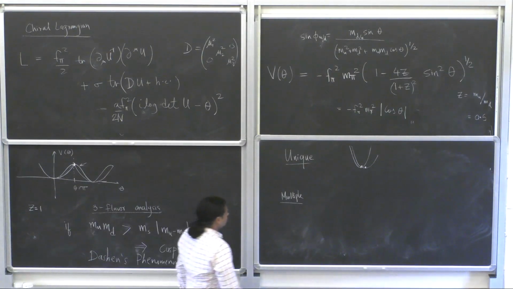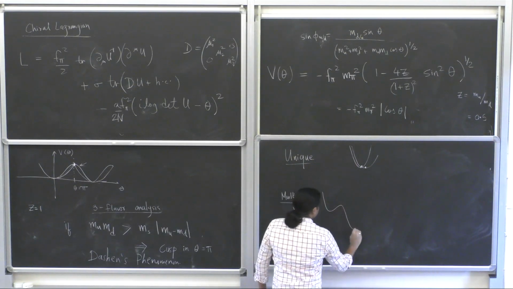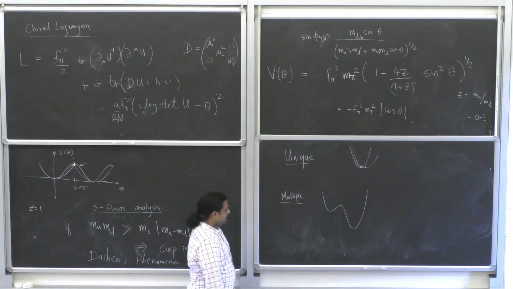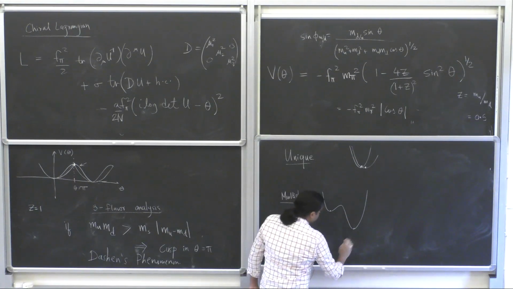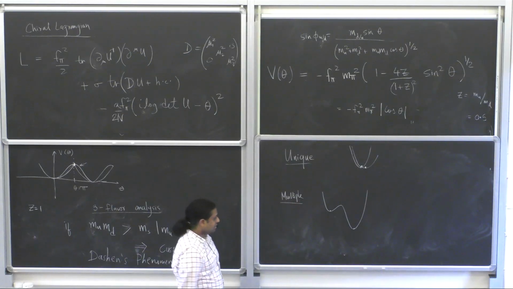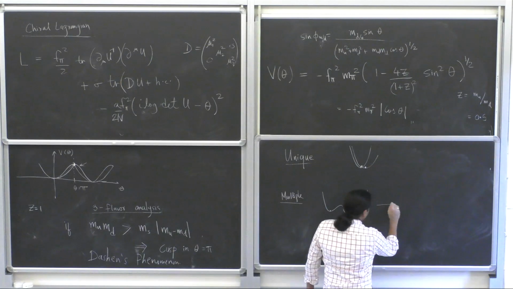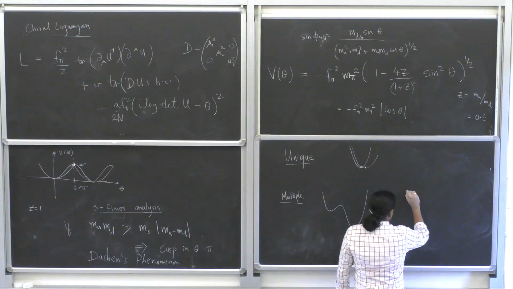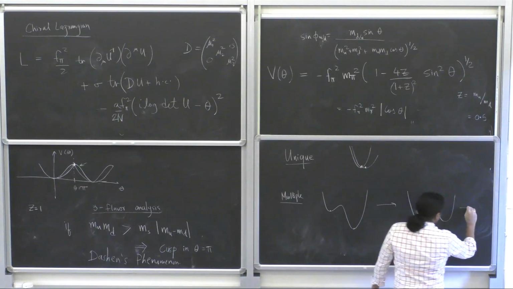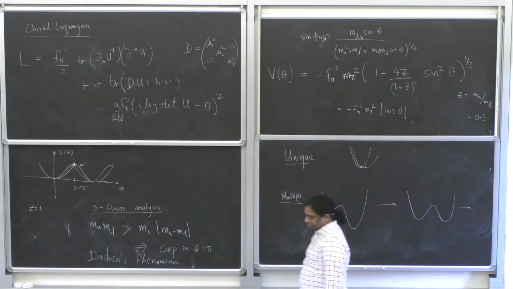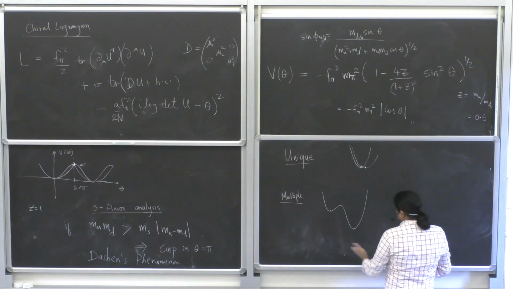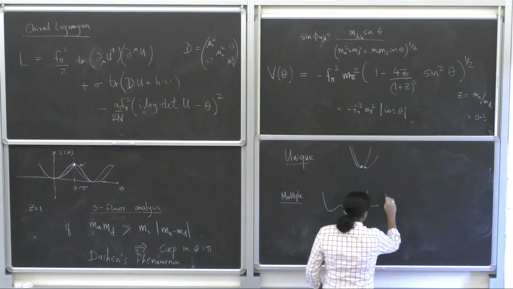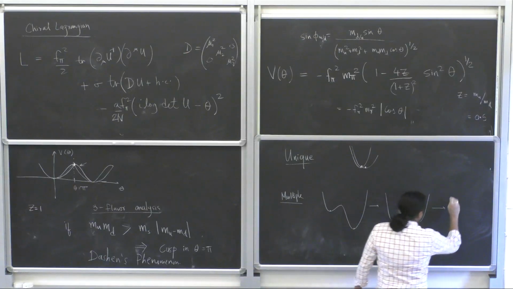If you have multiple solutions, for example, a local minimum for your equations of motion and a global minimum for some value of theta, then as you scan over theta, the relative position of these solutions could change.